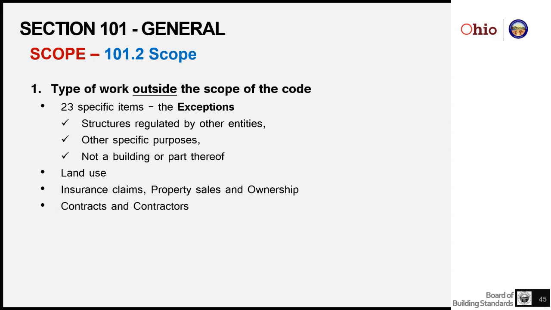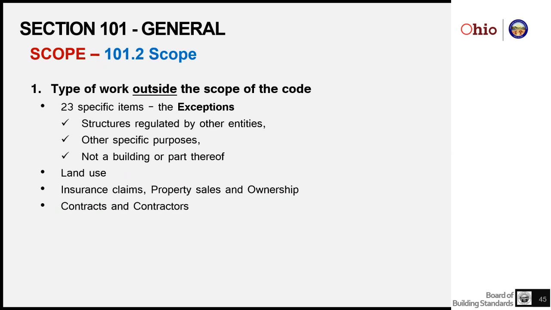Contracts and contractors are in there because the building code does not address who performs the work. The work must be safe, must be sanitary. It addresses energy conservation, and on the commercial side, it addresses accessibility. But who does it is not an issue for the scope of the OBC.